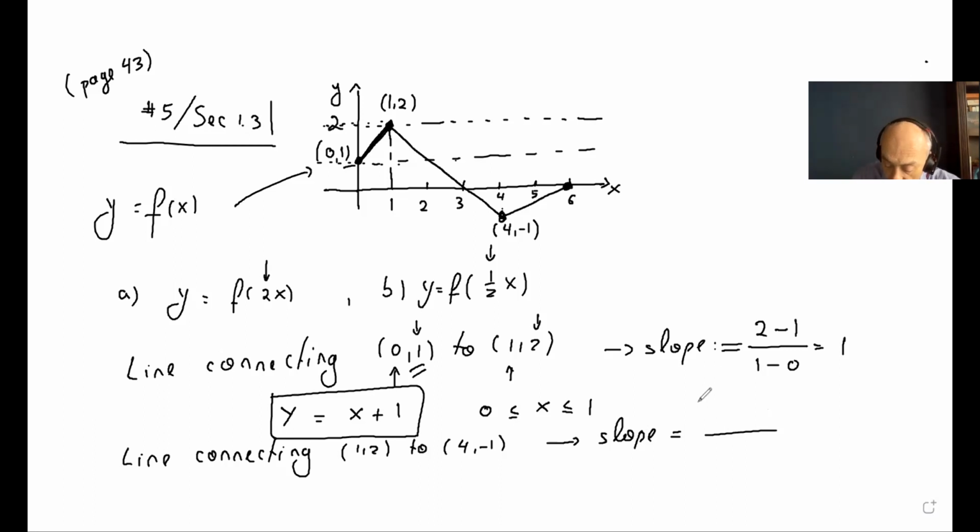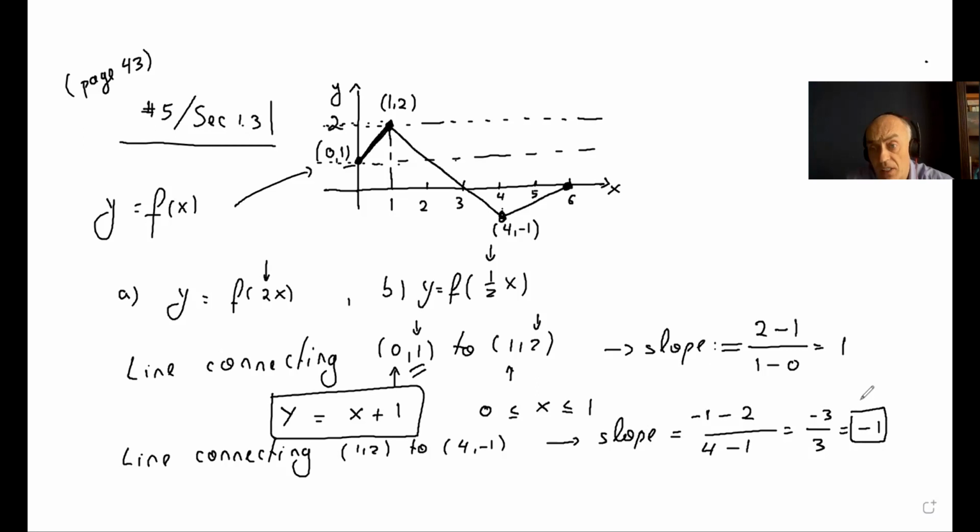We're going to start with the second, negative 1, folks, minus 2 divided by 4 minus 1. Negative 1 minus 2 is negative 3, and 4 minus 1 is 3, so this is going to end up being negative 1. This is a slope of negative 1 for this particular function.